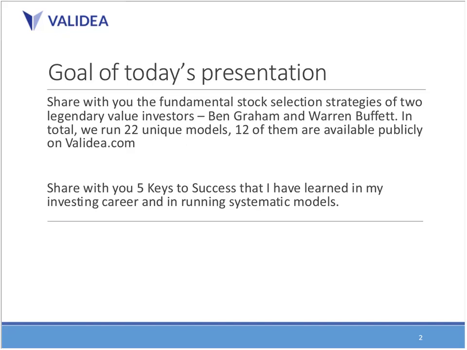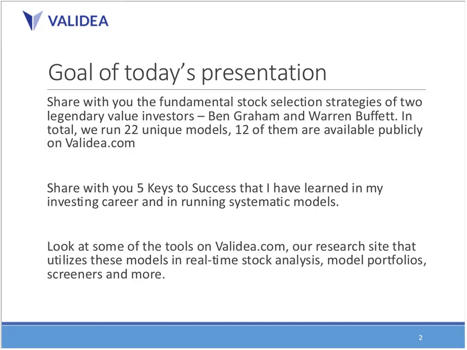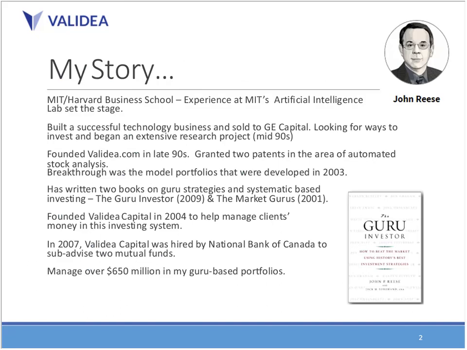I'm also going to share with you what I consider 5 keys to success that I've learned over my investing career. And we're going to look at some of the actual tools that you'll find useful on Validea.com, which is a research site that utilizes those models. And we'll show you a way of screening stocks using some of the criteria that we've talked about today.